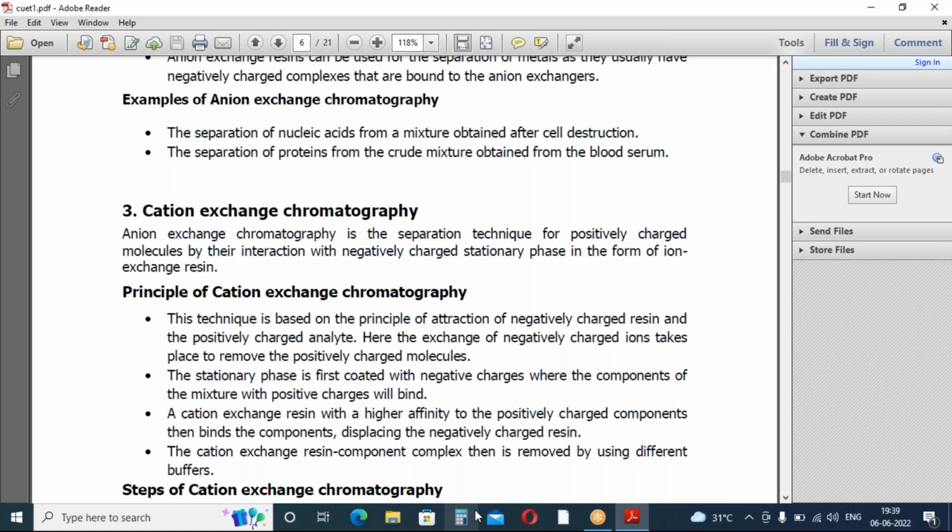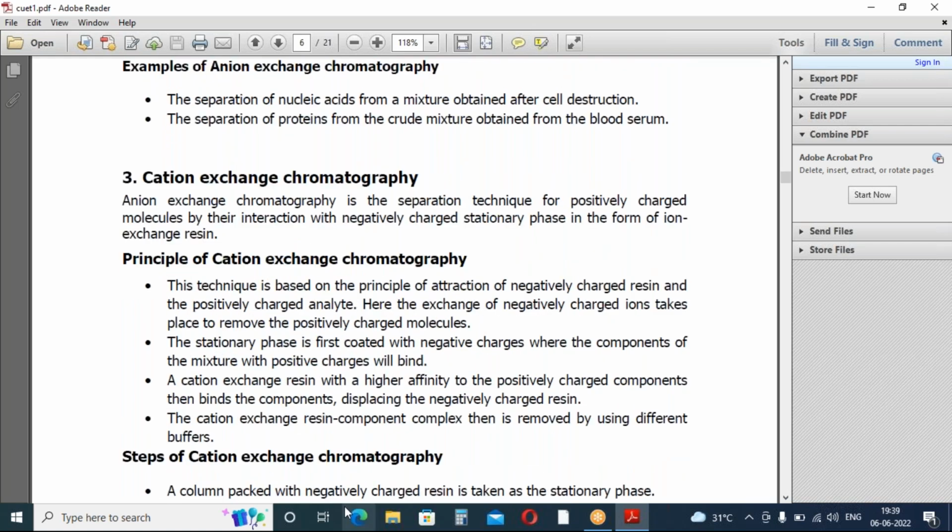What are the steps? First of all, we have to prepare the stationary phase, the resin, and after that the mixture should be passed, and that causes the separation of these positively charged ones.